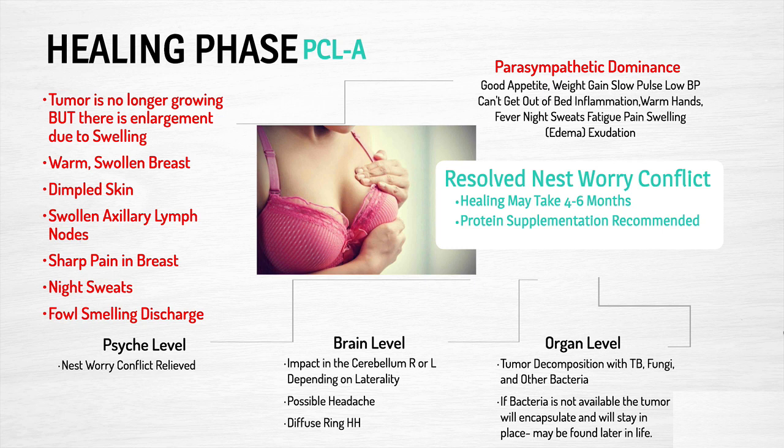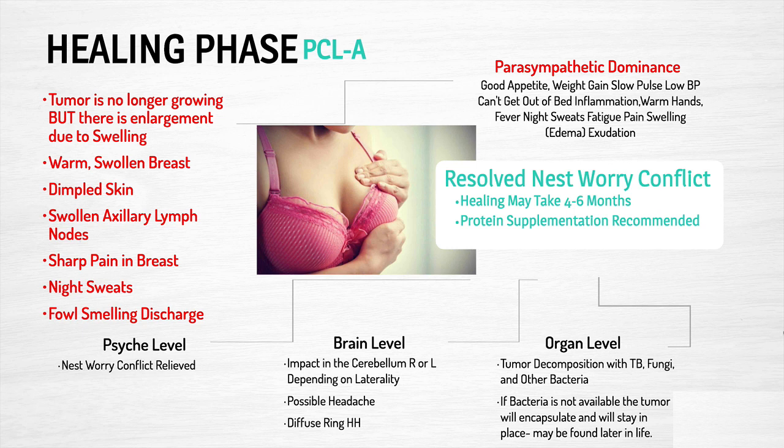And in the healing phase, this is where symptoms show up. Remember, when you're in conflict activity, you're stressed out and worried, but you don't have bodily symptoms for the most part. But now when you get to the healing phase, this is where the body has to repair what was going on during conflict activity. When you're in conflict activity, that's an abnormal, adaptive state for the body to be in.